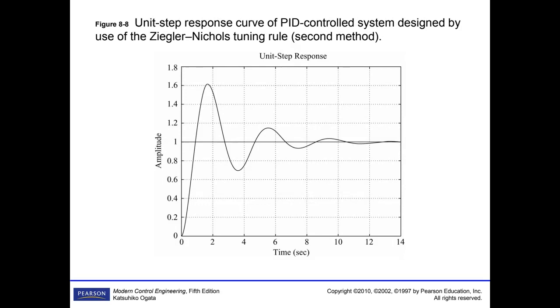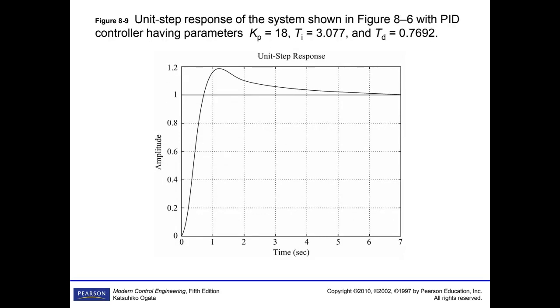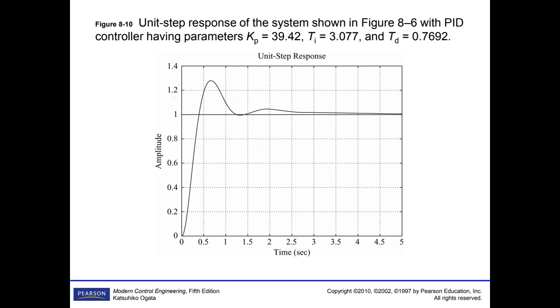It's 20% overshoot and the settling time is somewhere 6 seconds or something like this. But if you want to increase further, you put another value, then you are sacrificing the overshoot. Overshoot becomes 25% or something like this, but settling time becomes very fast. You can see that.